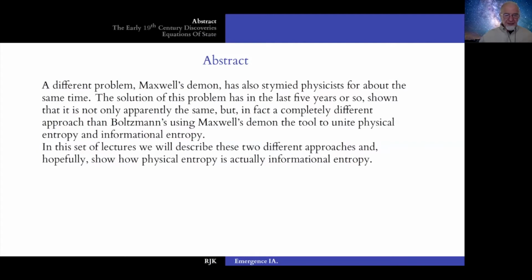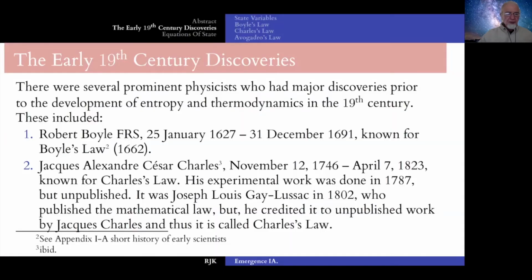And in the last 5 or so years, using Maxwell's demon, we've actually been able to unite physical entropy and informational entropy. So let's start with the early 19th century discoveries.